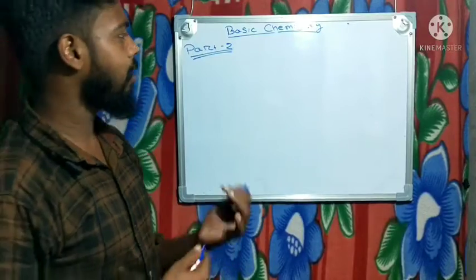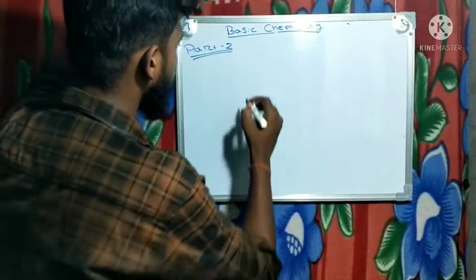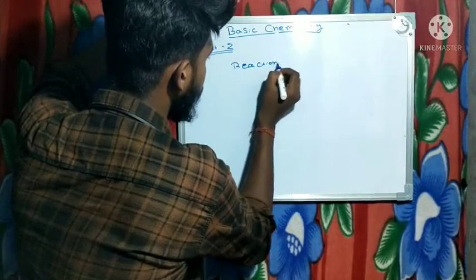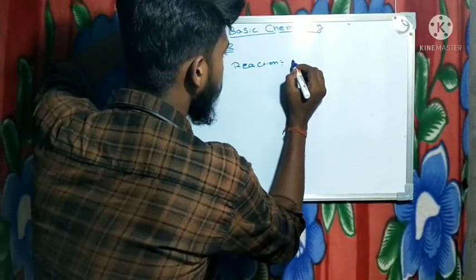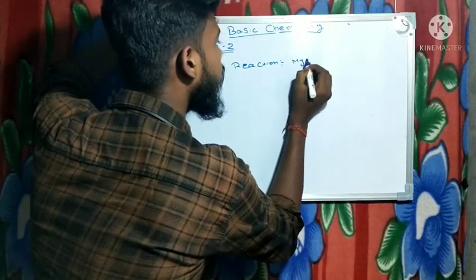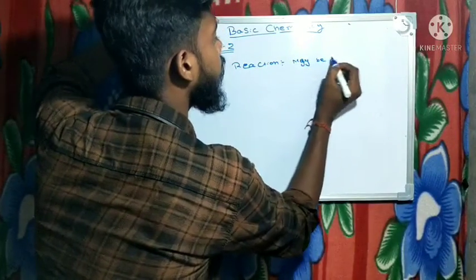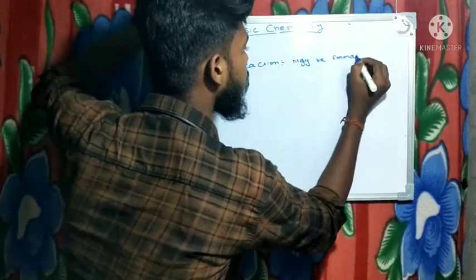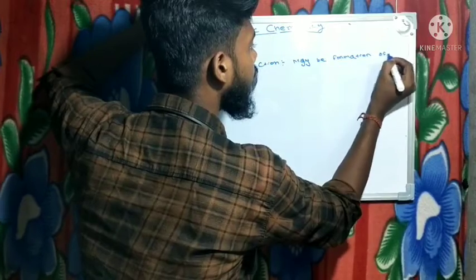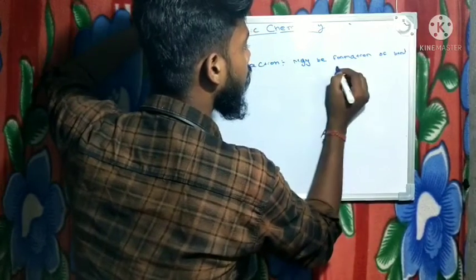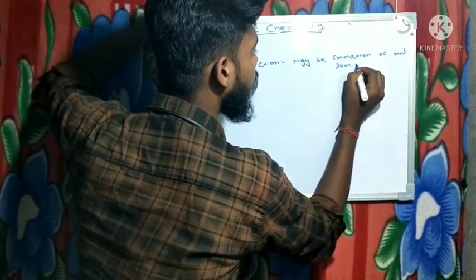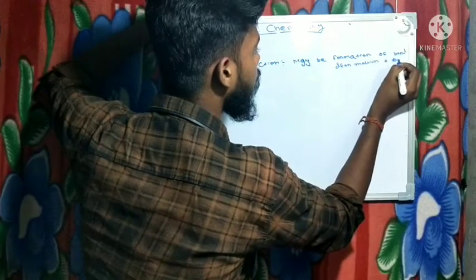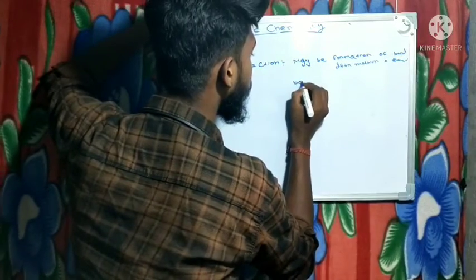That means what is a reaction? First we have to know what a reaction is. A reaction means maybe formation of bond, deformation of bond, or maybe both are happening in one equation.